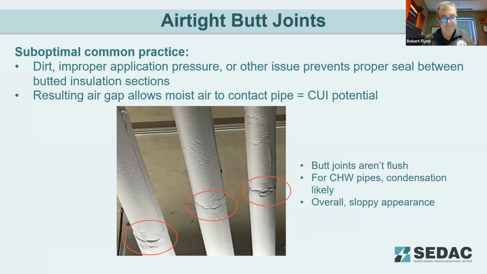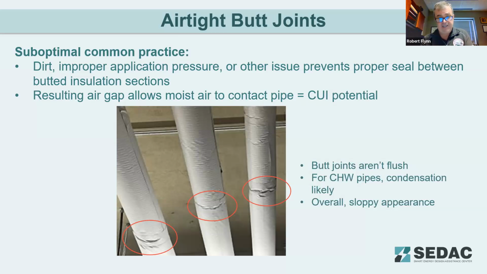This is a suboptimal common practice. Dirt, improper application pressure, and other issues prevent proper seal between the butted insulation sections, resulting in air gaps, and moisture and air in contact with the pipe would equal a CUI potential. You can see that there's actual compression and crushing from the longitudinal connections of each piece of pipe covering.